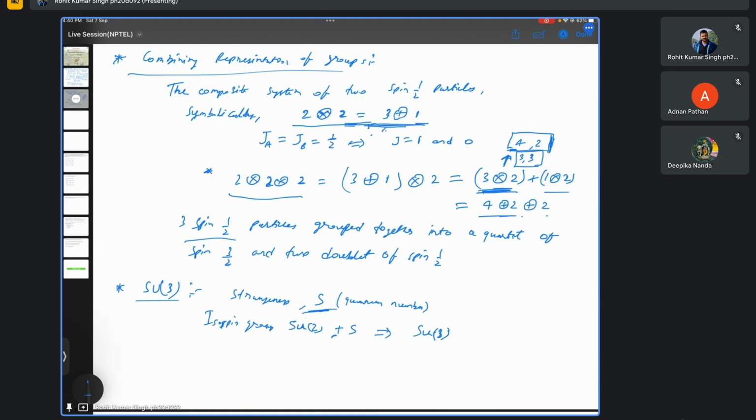And this SU3 group together groups all the neutron, proton, sigmas, lambda, and then cascade into an octet.